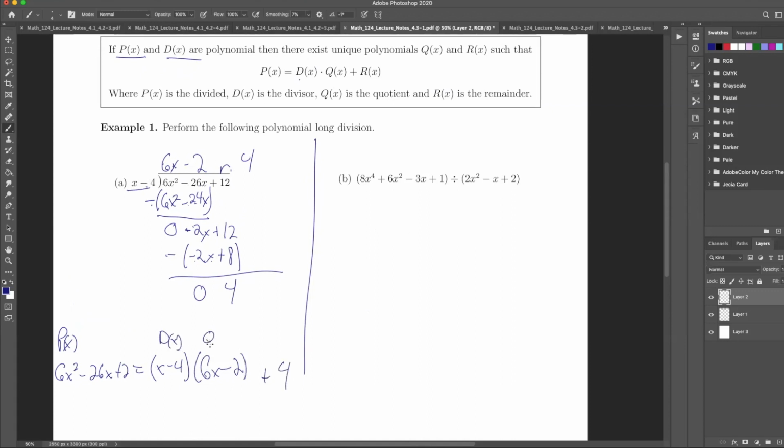And so when you type this into your homework, this is the p(x), this is the d(x), my q(x) is 6x minus 2, and my remainder would be 4.